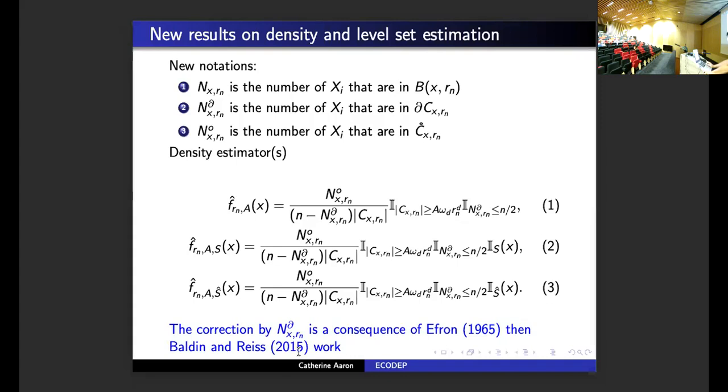So it took time to get this result published and known.